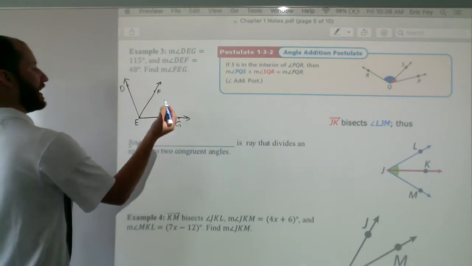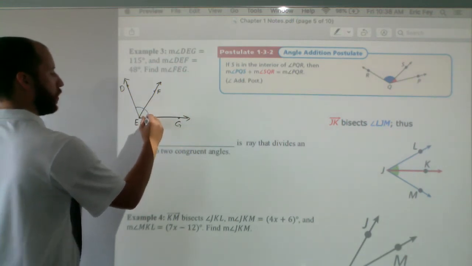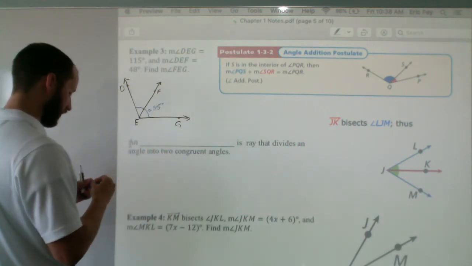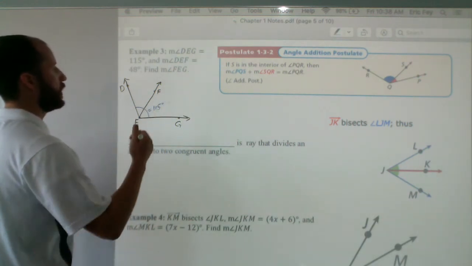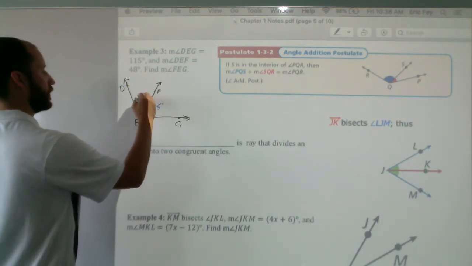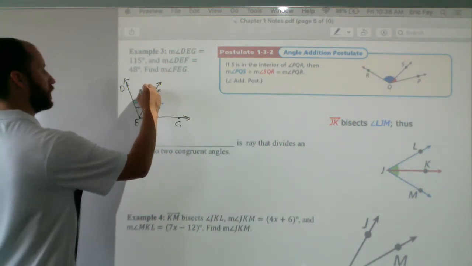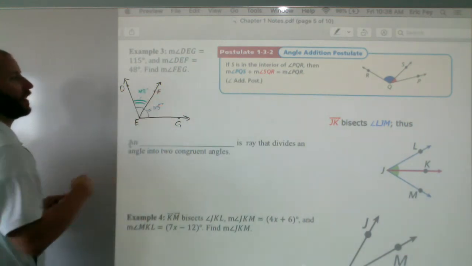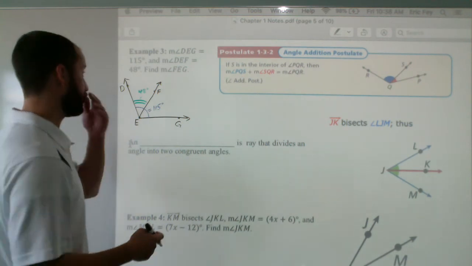So we know that DEG is 115 degrees. We know that DEF is 48 degrees. So find the measure of angle FEG.